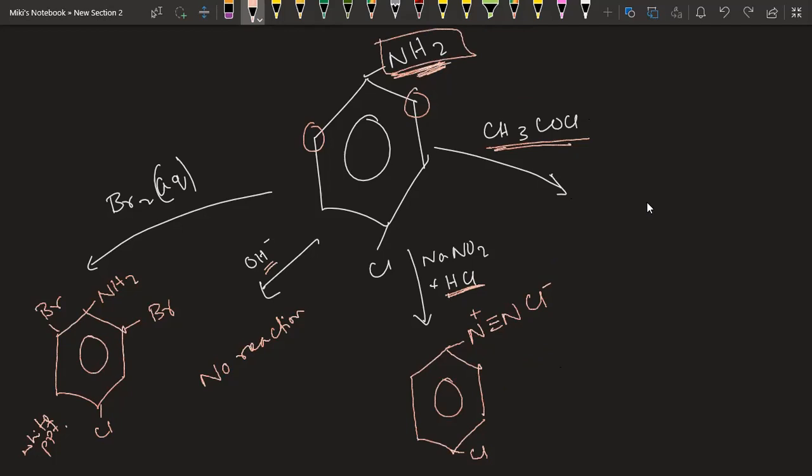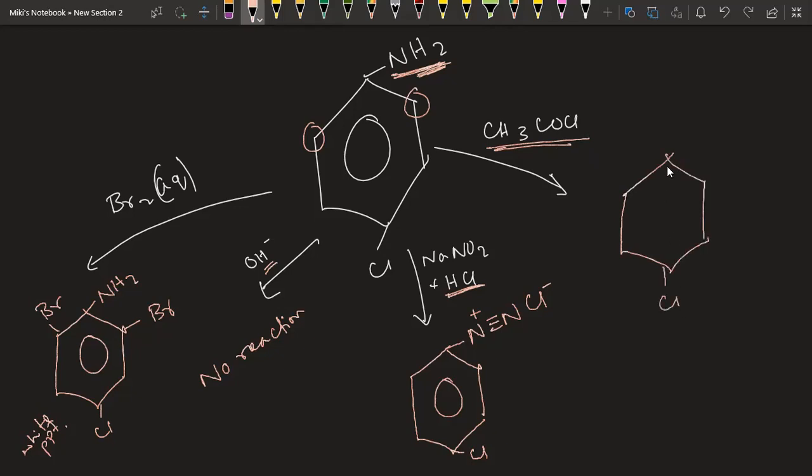We have already studied in the lecture before the previous class that amides are formed when carboxylic acid reacts with amine, or when acyl chloride reacts with amine, they also tend to form amides, isn't it? So in this case also our amide will be formed.